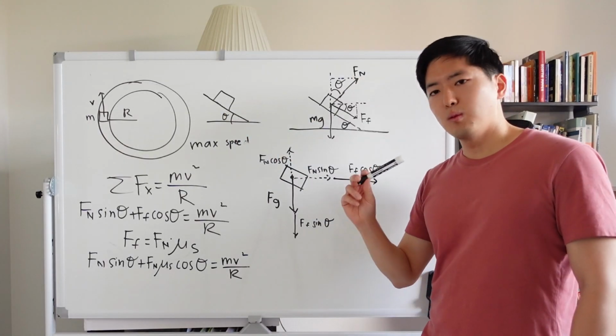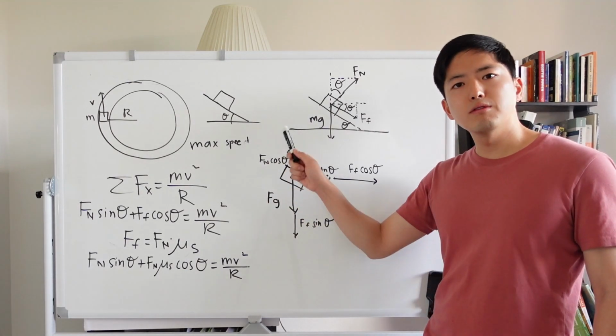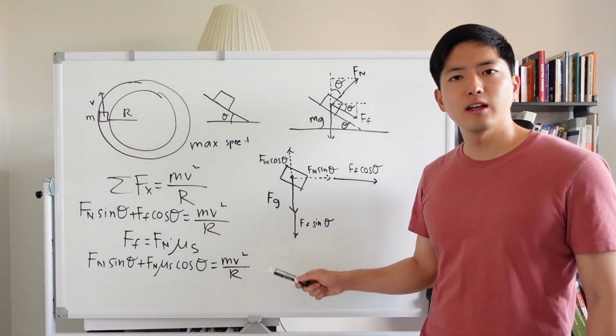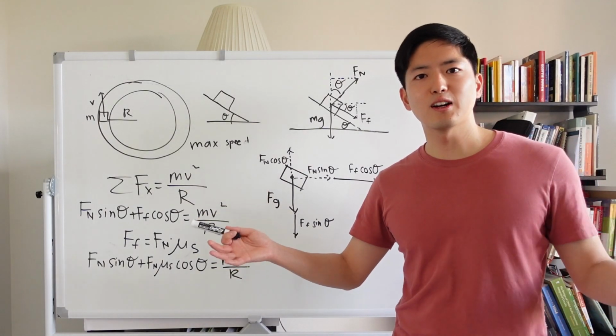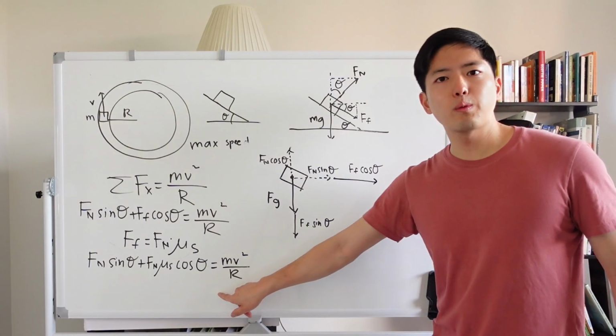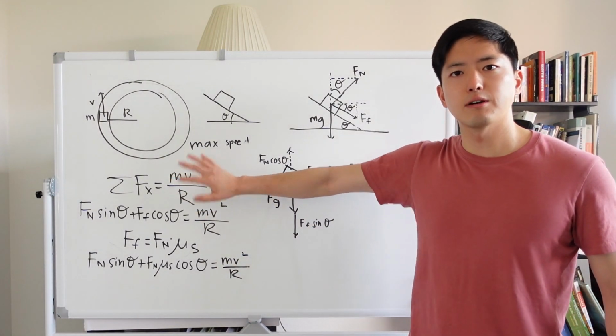And so we have a second equation here where we can add up all of the force components in the y direction and set it equal to a net of what? 0. So let's do that. I'm going to rewrite this because this is the equation we care about most, and I'm going to erase some of this stuff above to clean it up.